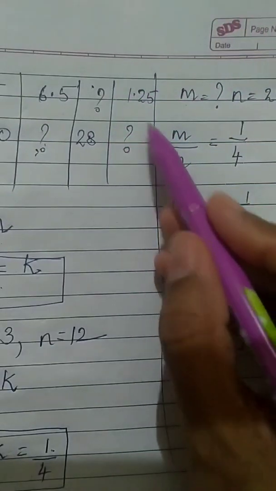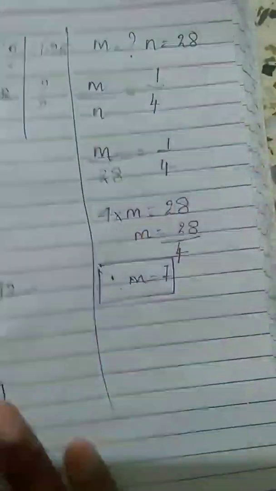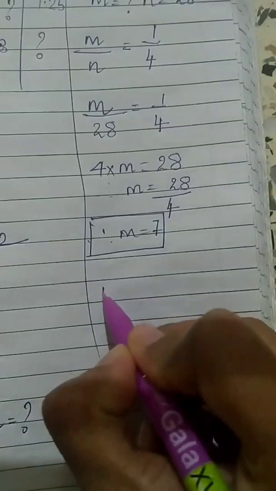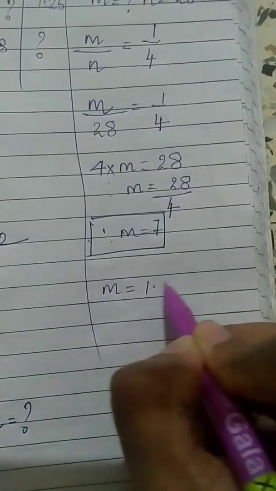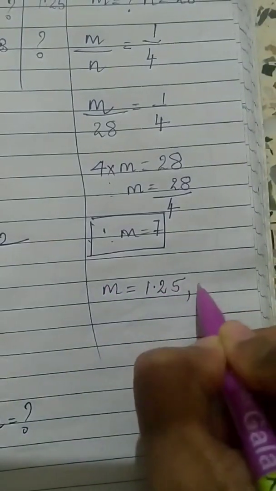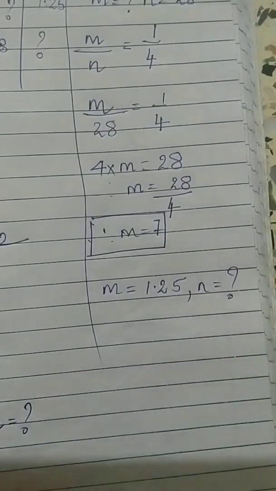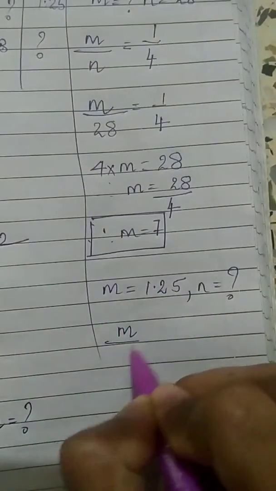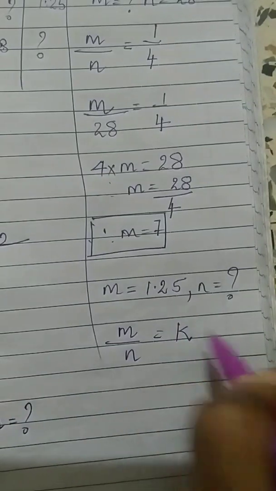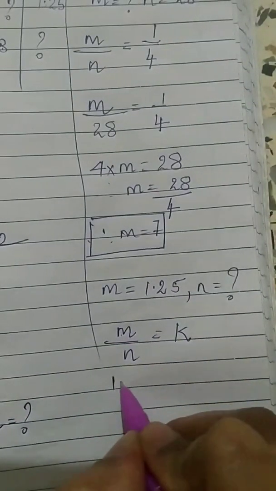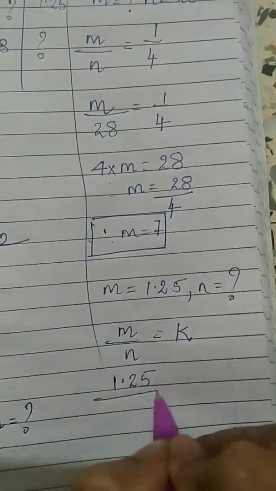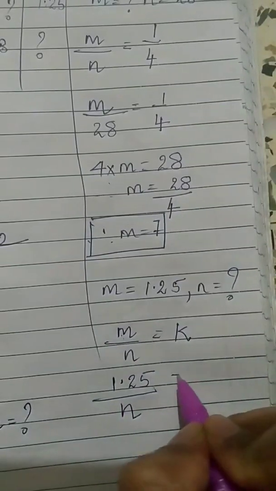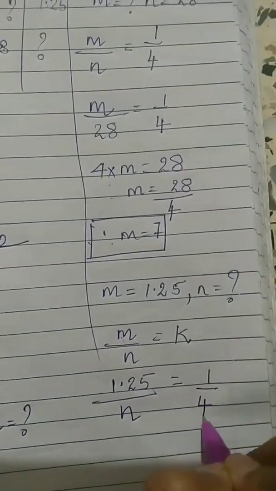Now the third one. m is 1.25. Don't be scared of the decimal numbers, children. Very easy. m is 1.25. n is asked. The relation is m upon n is equal to k. In place of m, you will write 1.25. n as it is. k is 1 upon 4.